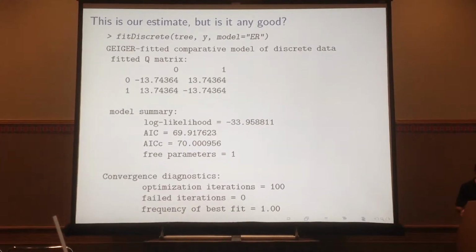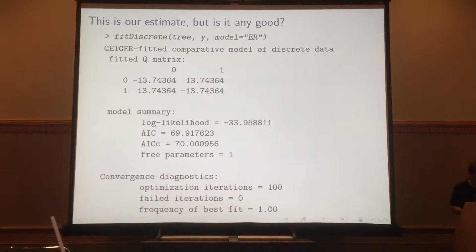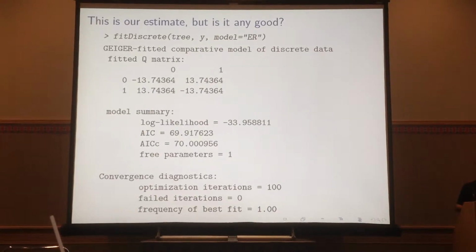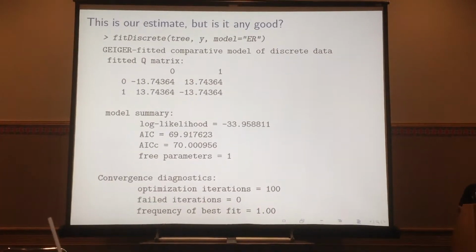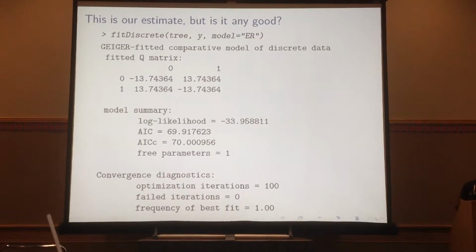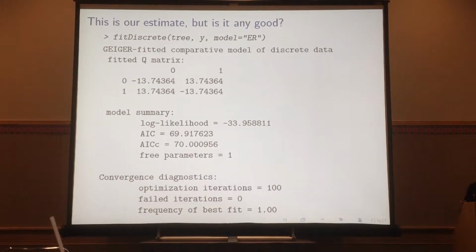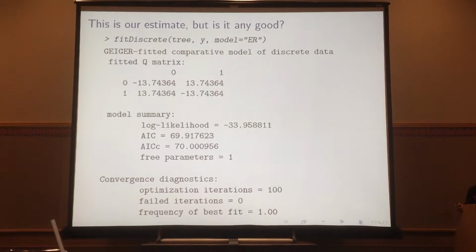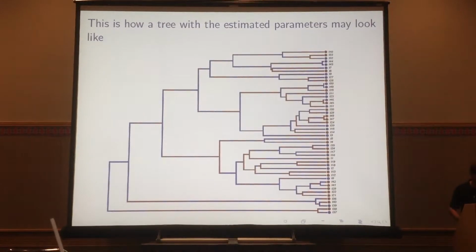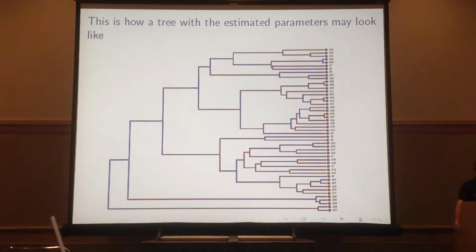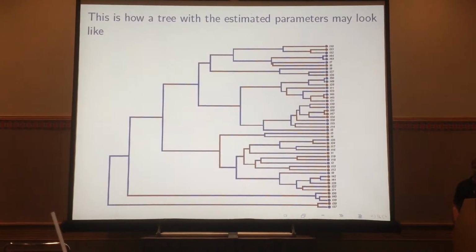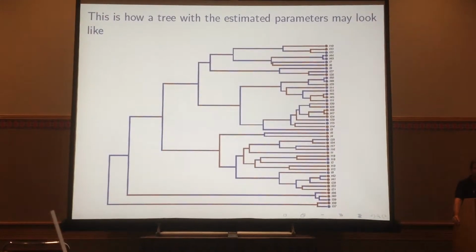So again it's important to look at what this process would really look like, and of course I'm using phytools for this and generated a stochastic character map. Then we see that this process seems to be very, very different from the process we generated the data from.